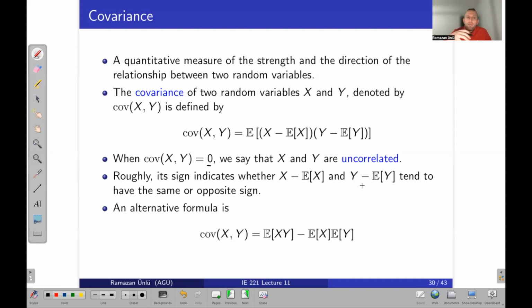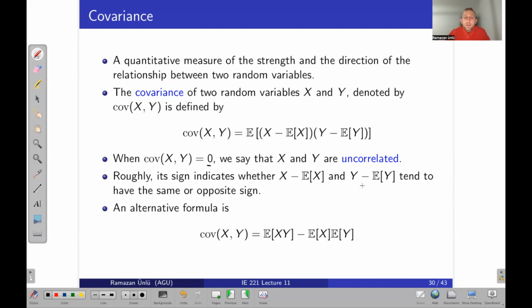I mean, if they have the same sign, that means increasing one of them will lead to an increase in the other one. So if the x values change to bigger, the other one also will change in a bigger manner. But in the opposite sign, changing one of them will cause a decrease in the other one. So the important one is the sign of the covariance.